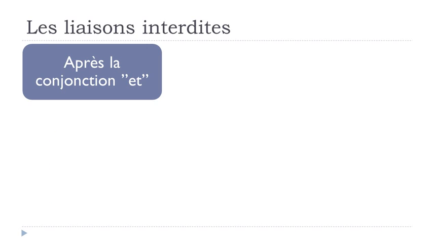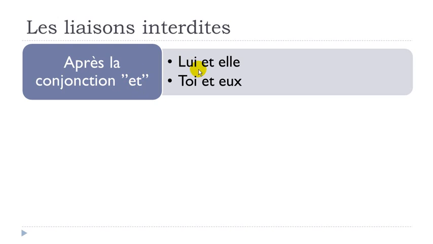And the first one is actually maybe the most important one, because normally students tend to make this mistake quite often at the beginning, which is totally normal, because if you think about that, we've got this et conjonction, so it means and in English. Okay, and so normally students tend to think that when you've got lui et elle like that, well, why not put this little liaison between the two?